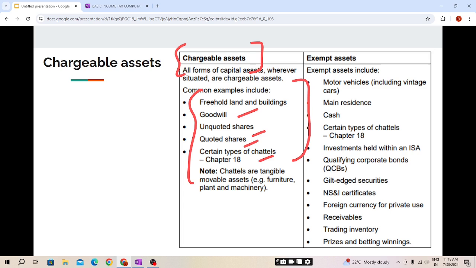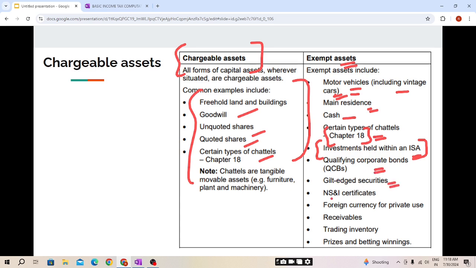Now moving to the list of exempt assets. Exempt assets include motor vehicles, including vintage cars, main residence, cash, certain types of chattels which we will cover in chapter number 18, and investments held within an ISA account, which we have already covered in our starting chapters. Qualifying corporate bonds are exempt from CGT.